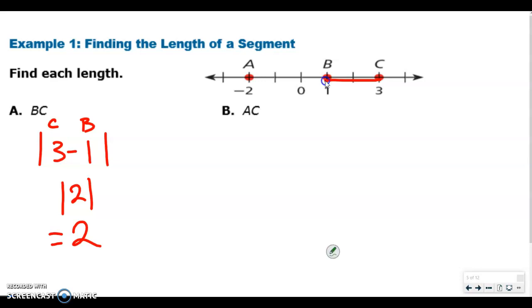And if we look at letter B, we have AC, from A all the way to C. We can say A is -2, and C is 3.